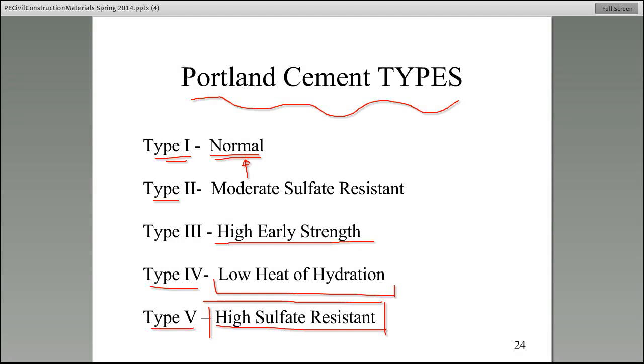And then type 2, Jeremy says gravity sewer manholes, but think about type 2 to use in situations where you have the structure exposed to the same things I talked about in type 5, but it is not as severe. Not as severe. All right, let's move on.